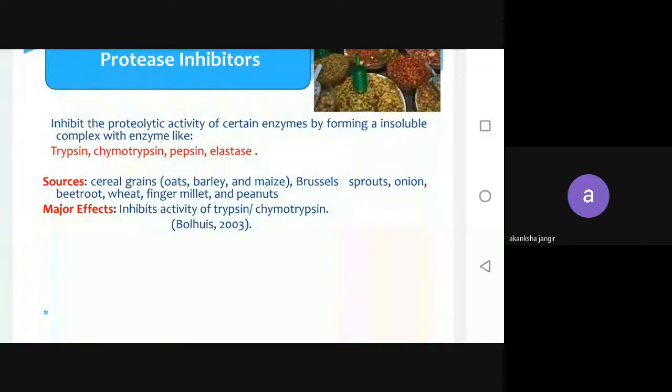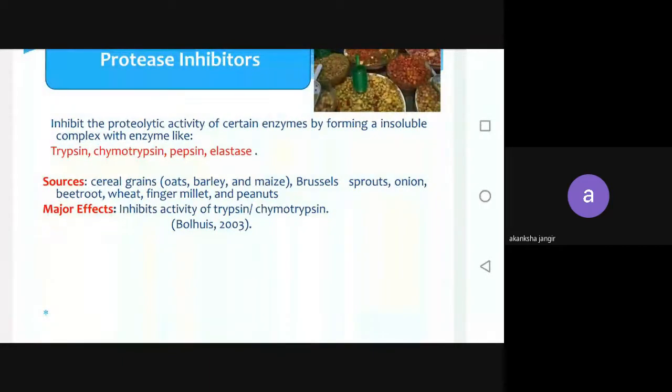Trypsin, chymotrypsin, I had told you these are proteases. Which hydrolyze the proteins.